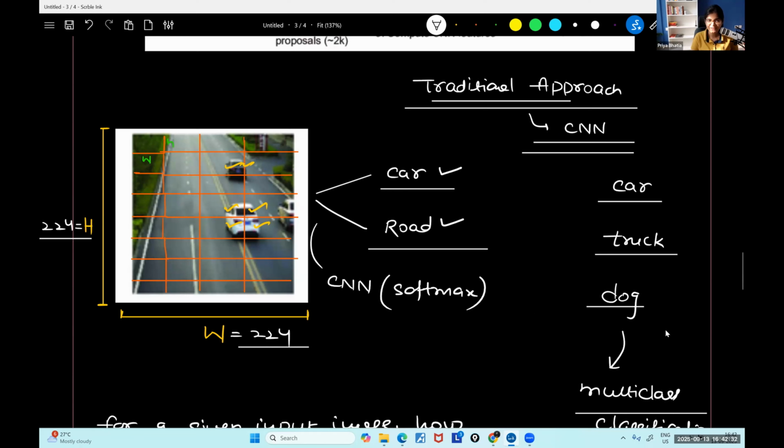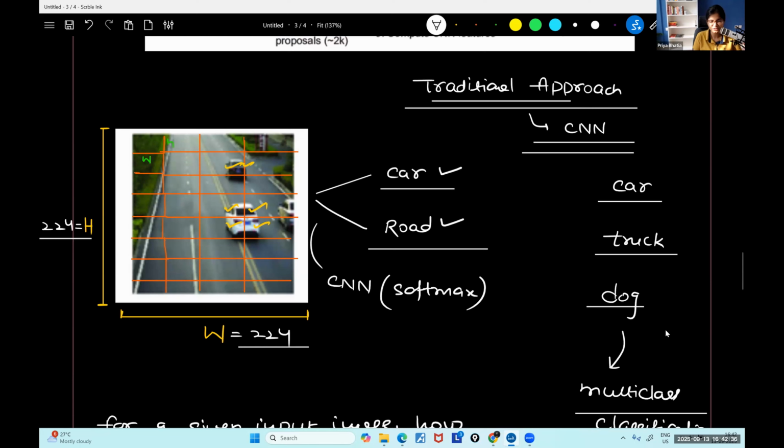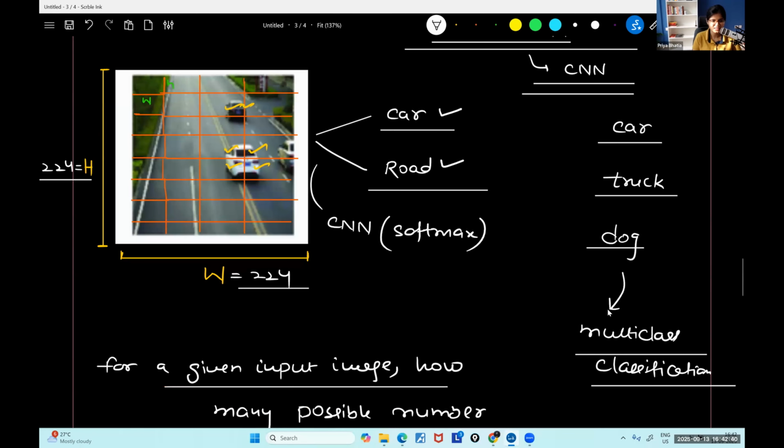So for every specific region, for every specific image, doing this classification task again and again is quite a complex and computationally expensive task. Do you guys agree with me?